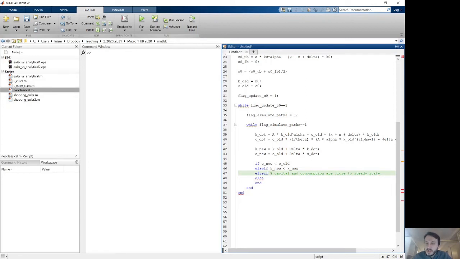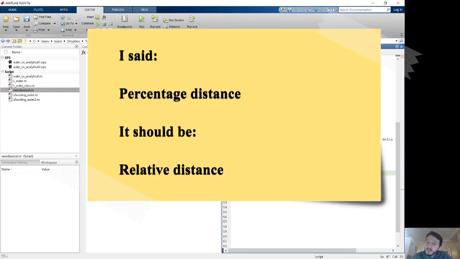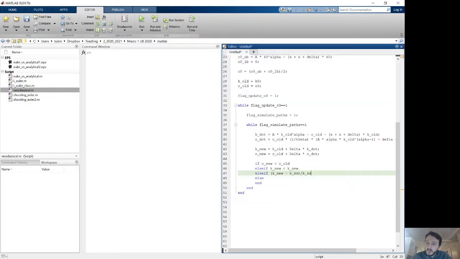So the condition to check if capital and consumption are close to their steady state values is the following. If k new minus kss divided by kss, that's the percentage distance between k new and kss, right?